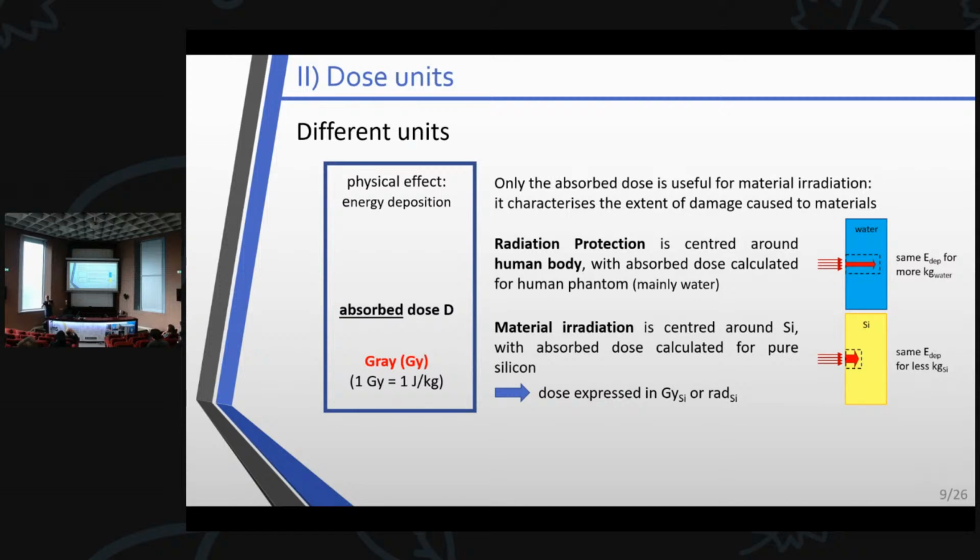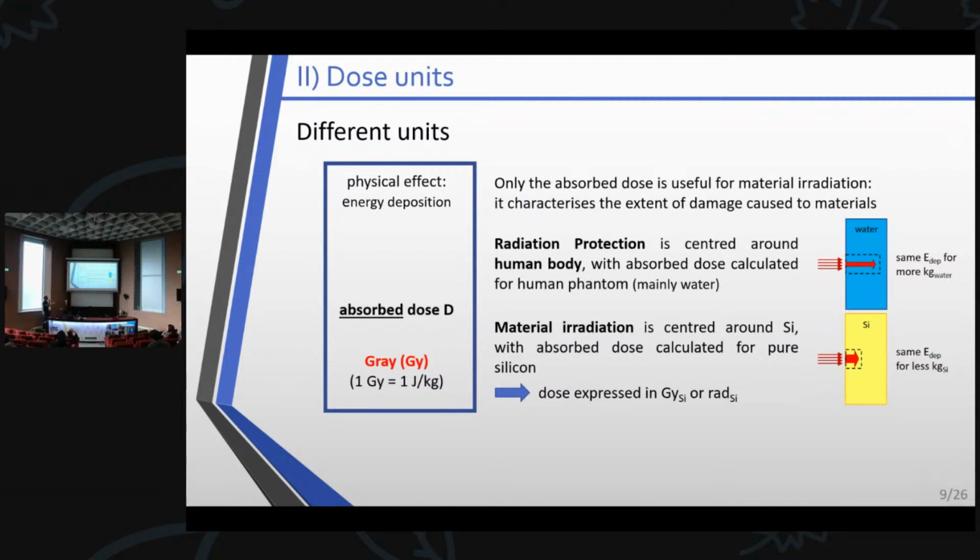So silicon does not have the same properties as water. It's more dense, etc. So it's not exactly the same thing. That's why the dose will be expressed in gray silicon or rad silicon.